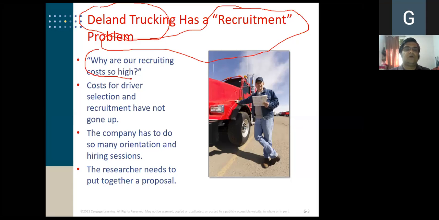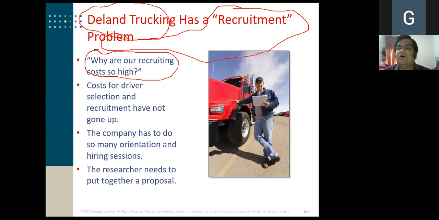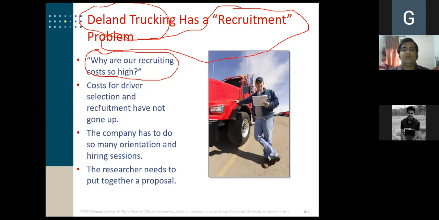Why are our recruiting costs so high? The manager is facing the problem that the recruitment cost of drivers is increasing in the Deland Trucking company. This is the symptom. But the costs for driver selection and recruitment have not gone up.